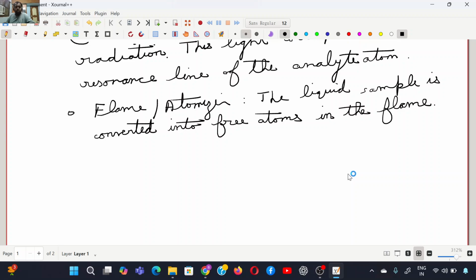So basically, the atomizer plays the key role of providing a steady population of atoms for absorption.